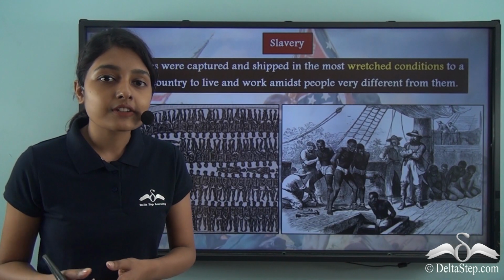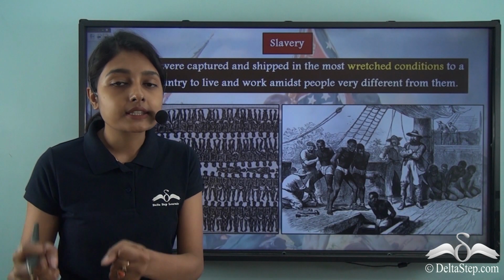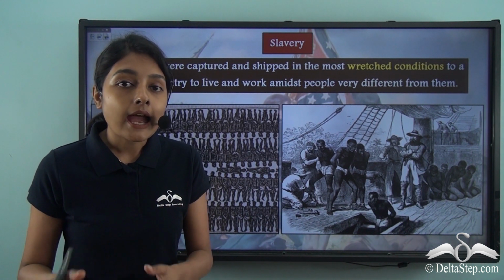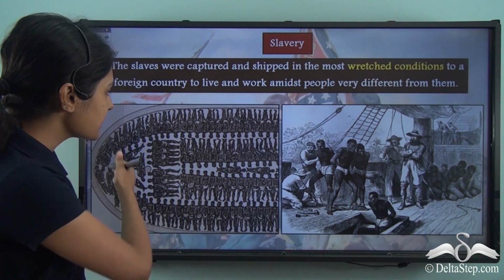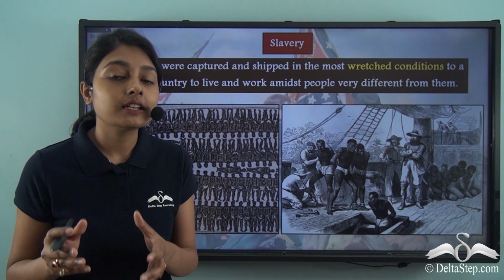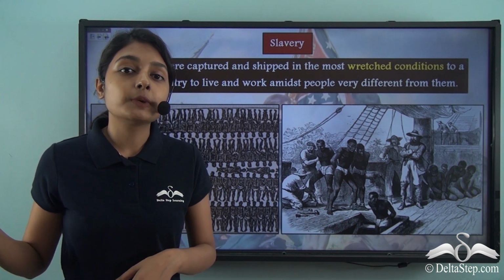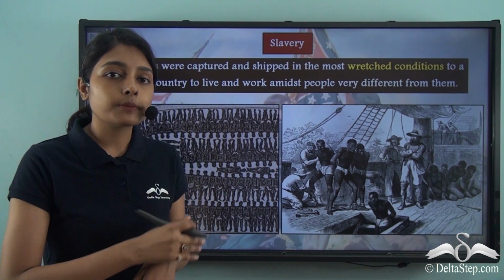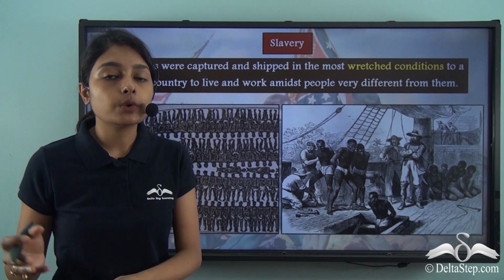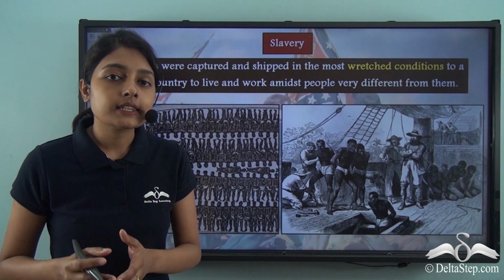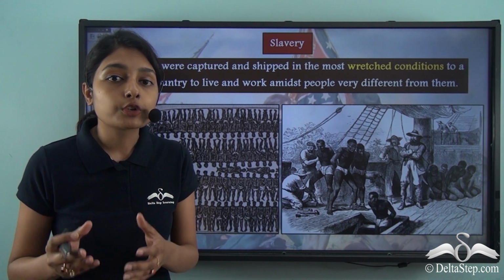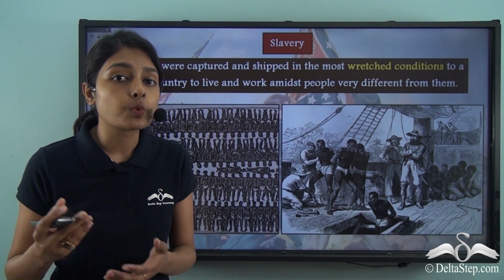Now these enslaved Africans were beaten and forcefully put into these ships. And in the lower decks of these ships, they were crammed together. They did not get healthy living conditions while they were being shipped from Africa to North America. This sort of arrangement could be seen in the lower decks of the ships, and in this way Britain could ensure that the maximum number of slaves could be shipped to North America at one go.